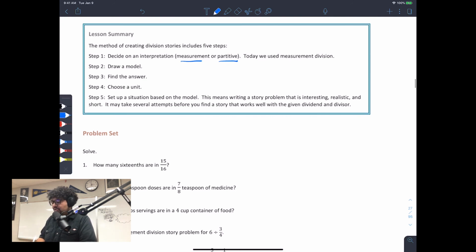Okay, then you draw the model. The way you draw your model will depend on whether you use measurement or partitive to find the answer. Number 3. And then 4 and 5 really is going to vary, depending on the situation, the model you decide to use, what units of measurement you choose. So the answer could be multiple.